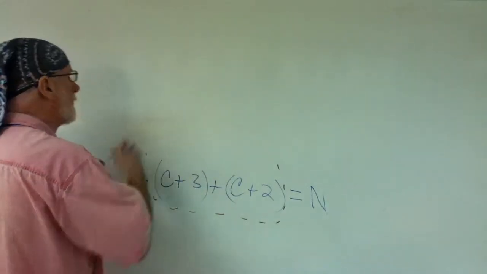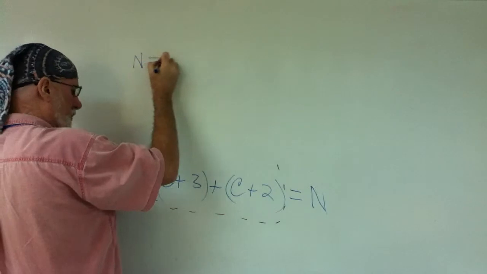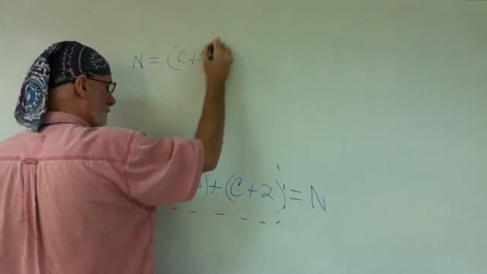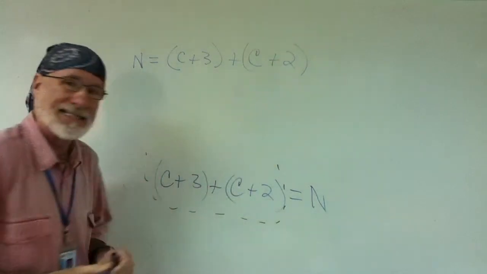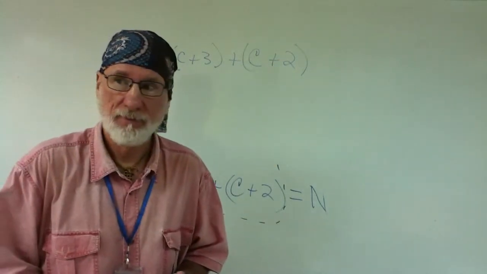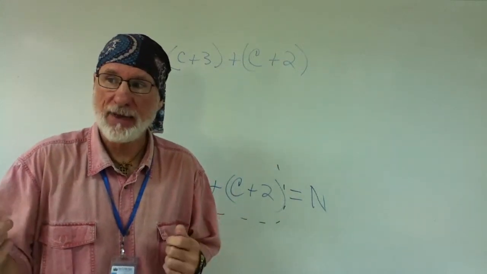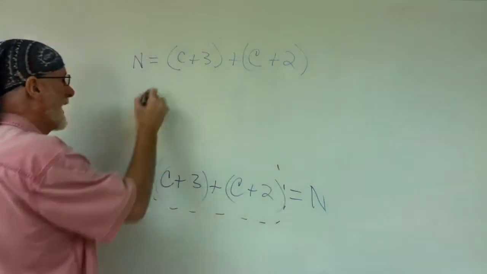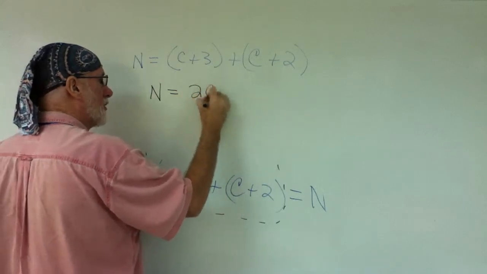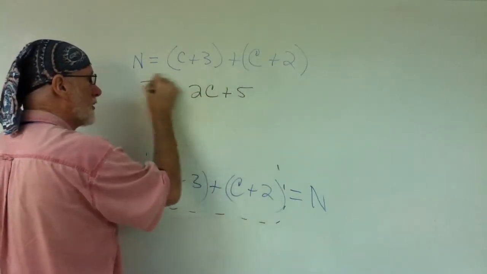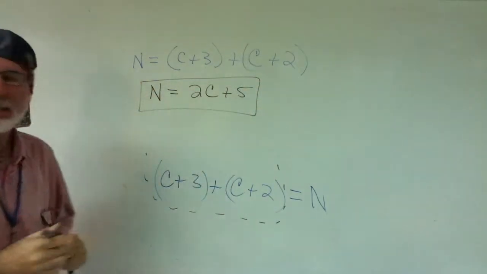Here's the equation. Is that simplest form? What's simplest form, Danny? N equals 2C plus 5. That's simplest form, James.